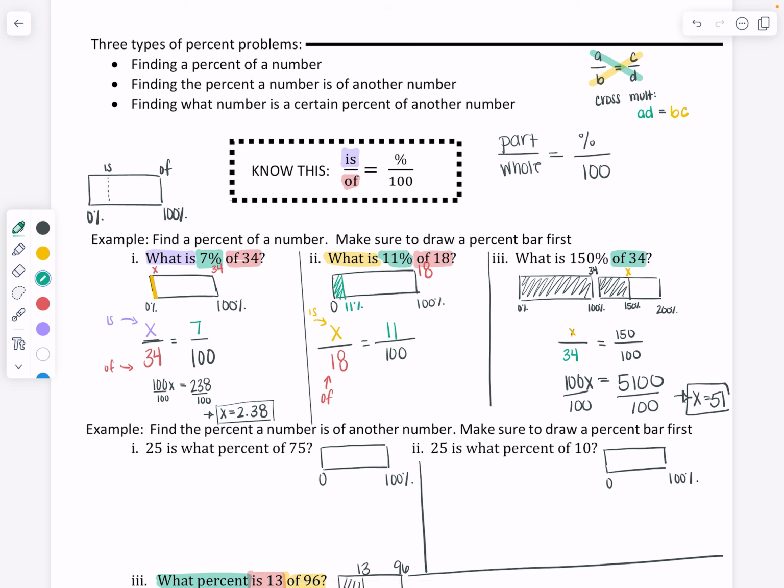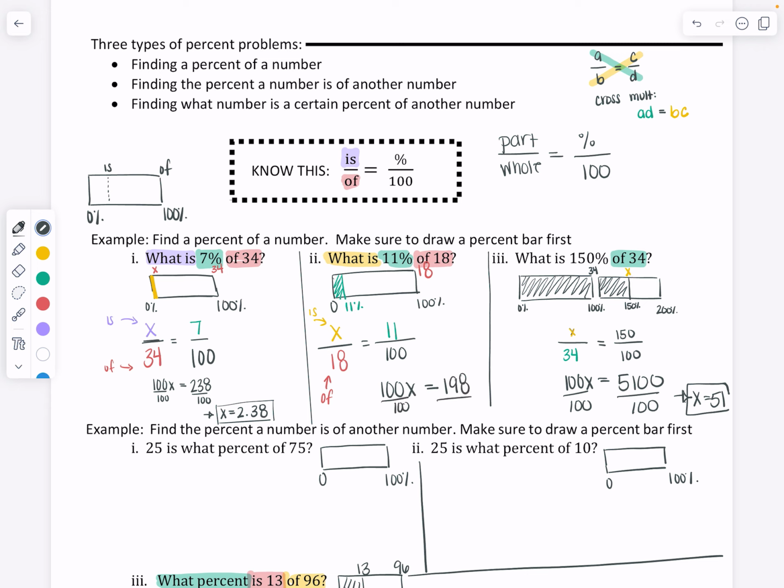Now to solve this, I'm going to cross multiply. I like to cross multiply the side that has the X in it first. That way I have the X on the left. So X times 100 is going to be 100X equals, multiply on the other side, 18 times 11, which gives me 198.